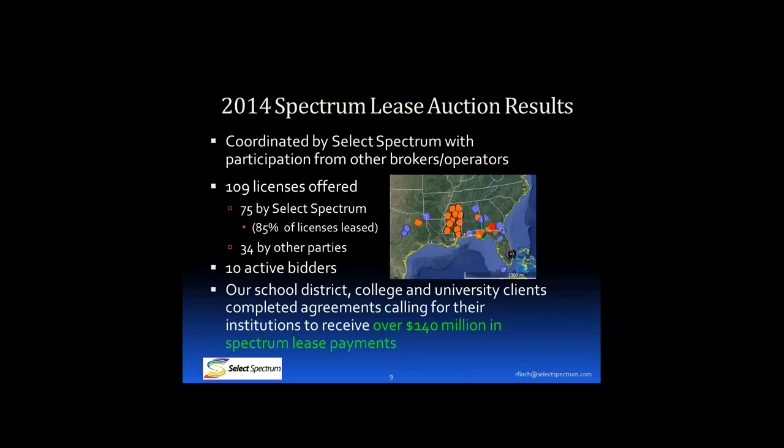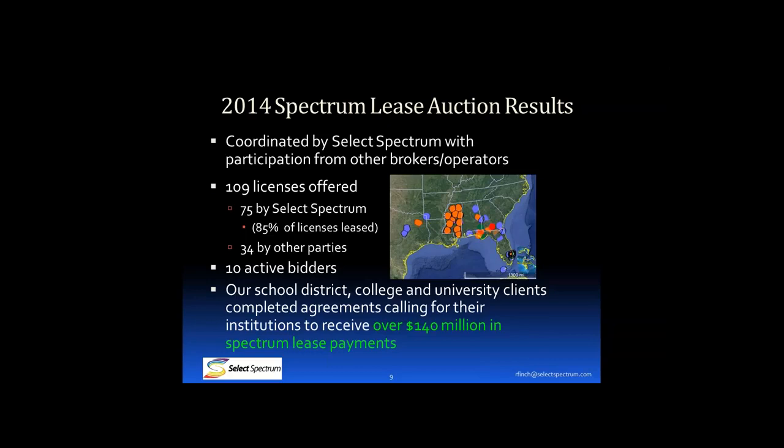So to talk about what we have done in the past, we are believers that the auction approach is the best way to get the maximum value for licenses and to allow transactions to flow through smoothly. It creates a market in a situation where there really has been sort of one-on-one negotiations, but not necessarily a real market or a competitive market.